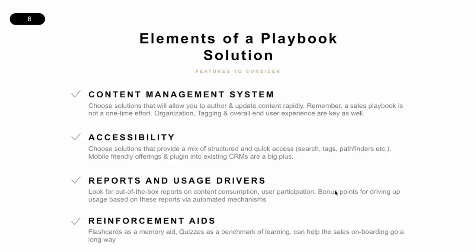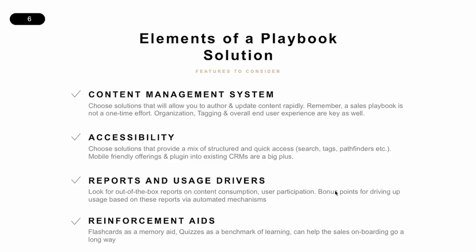A little bit of that is addressed under accessibility, which is that your salespeople may be on the move, on the go, in the field. So do they have access to it while they are out in the field? Which means, is there an iPad app? Is there a mobile app? Or is the site itself responsive? Those are some of the things you might want to think about.